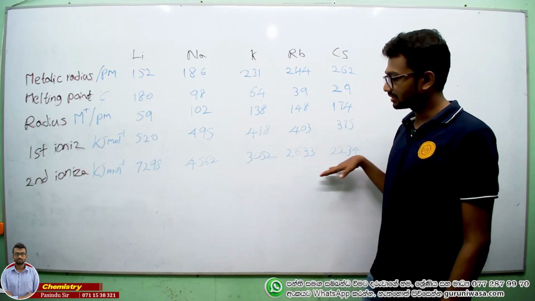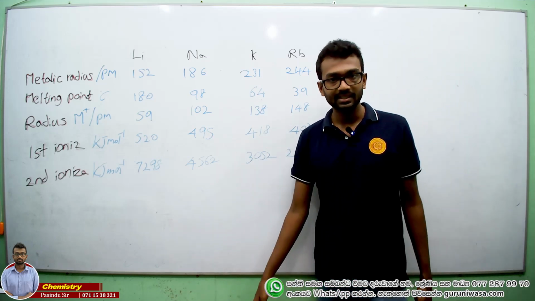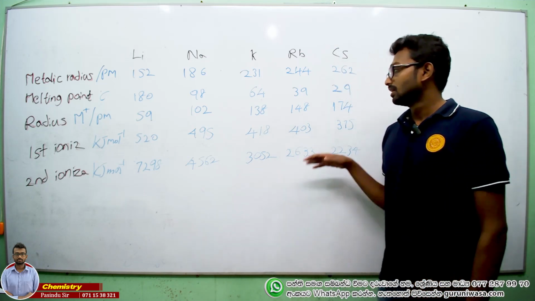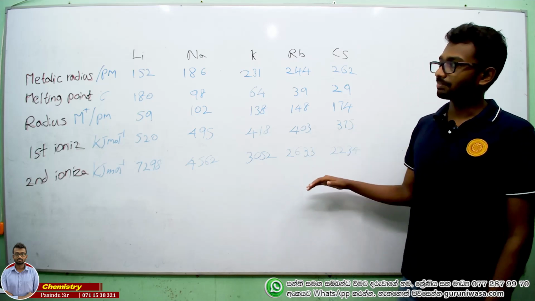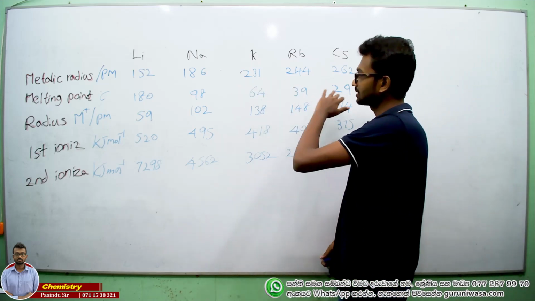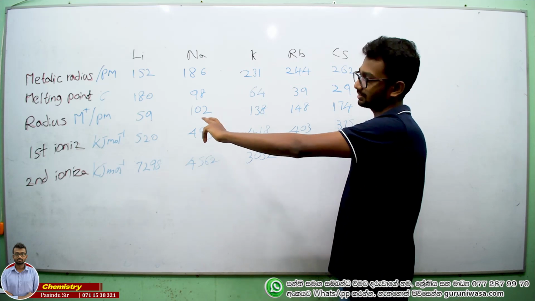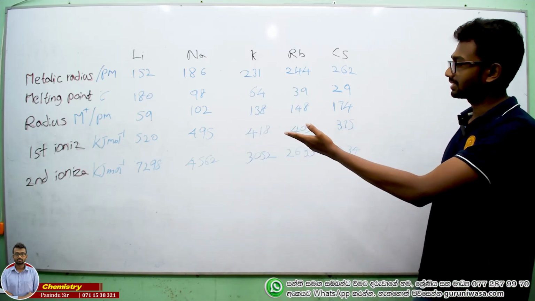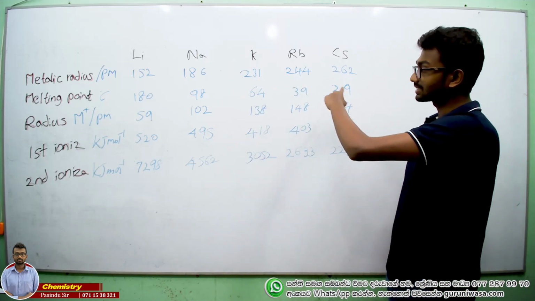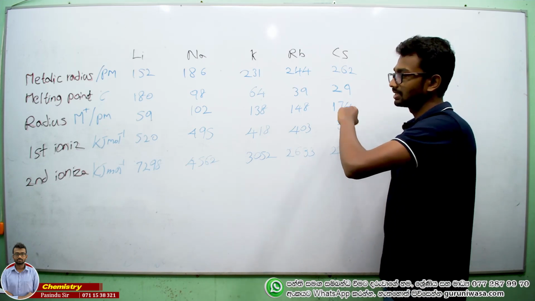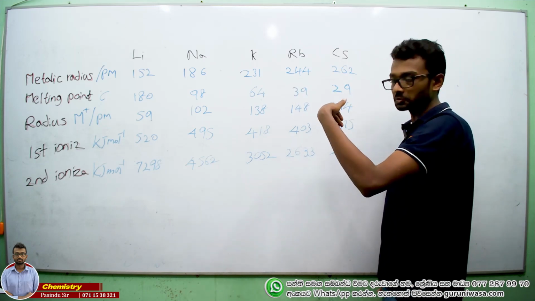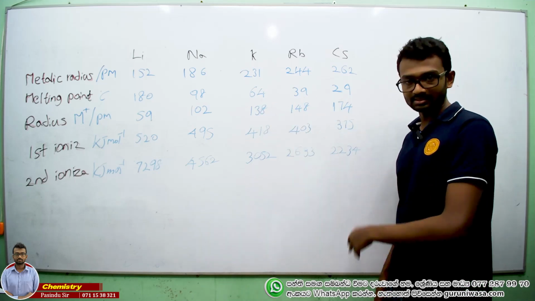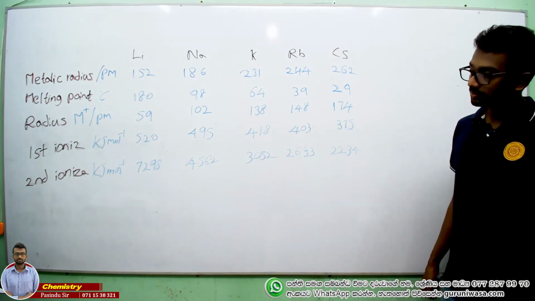The same thing applies to second ionization energy. You should know how it happens. These are the basic patterns: metallic radius increasing, melting points decreasing, ionic radius increasing, ionization energies decreasing through the group.